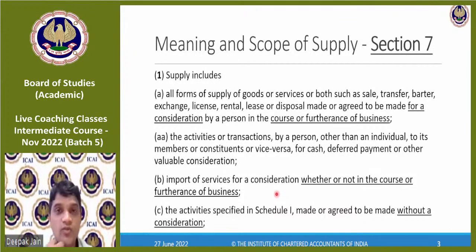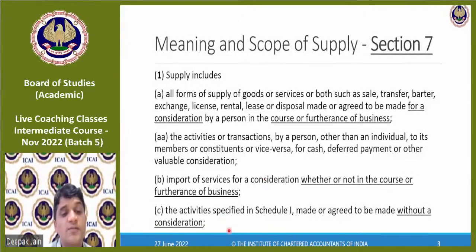In India, I use it and I pay consideration, because any subscription, if I take it, I have to pay subscription, but it is not in the course of furtherance of business. I use it for my personal leisure. So on that, is GST payable? Yes, on that also GST is payable, because I've said on importation of services, which is for a consideration, but not in the course of furtherance of business, it is also a supply and GST is payable on that. So these are all covered under the meaning of supply.